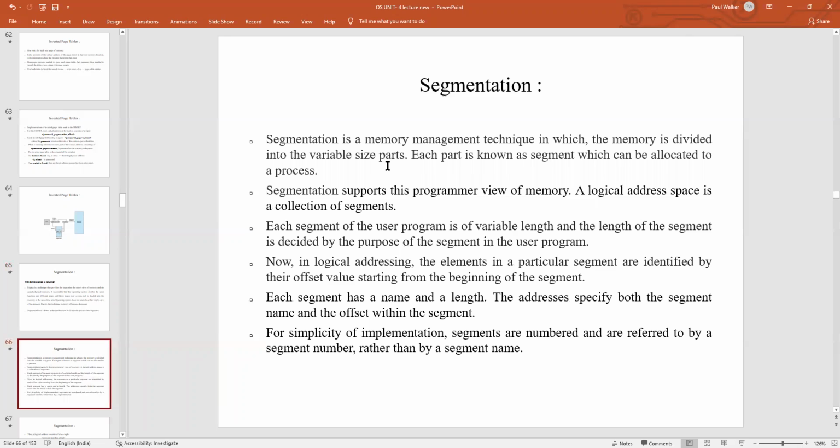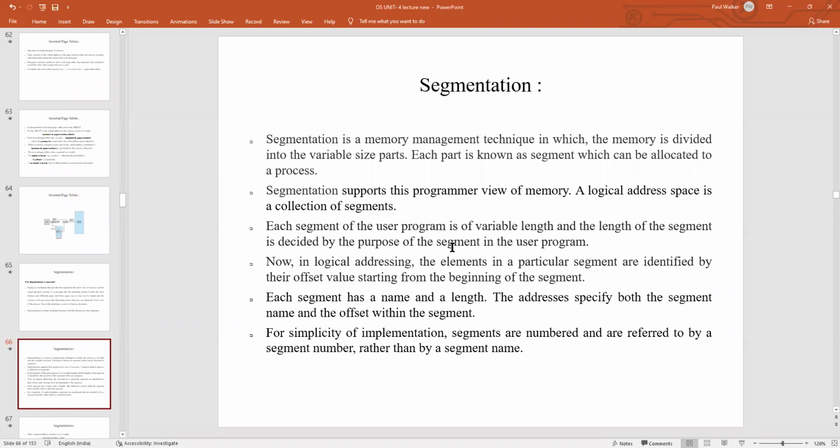As we know, segmentation is also a memory management technique in which the memory is divided into variable size parts, and each part is known as a segment which can be used by a particular process. Segmentation is also supported by different types of programmers. Here the logical address space is called a collection of segments.